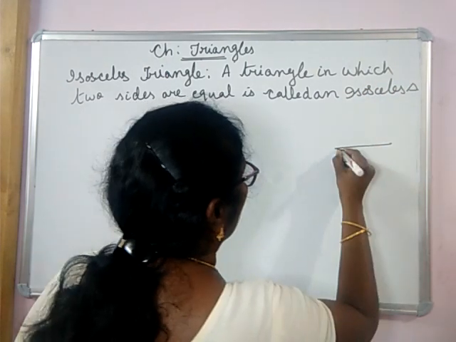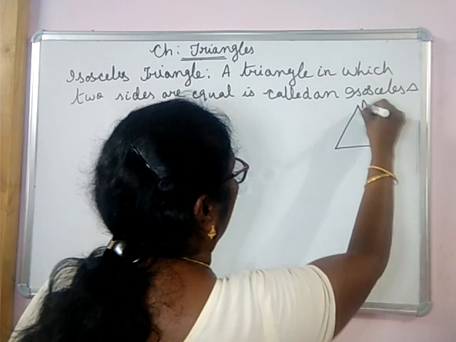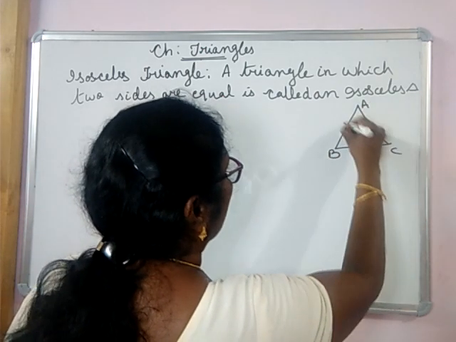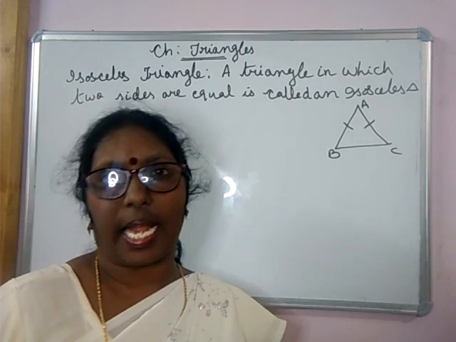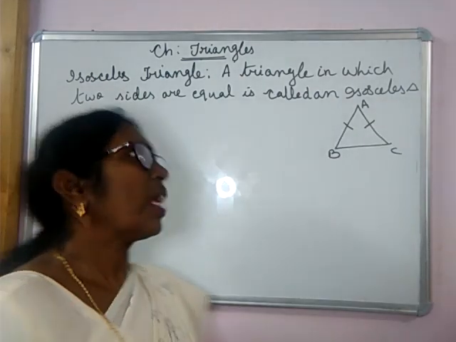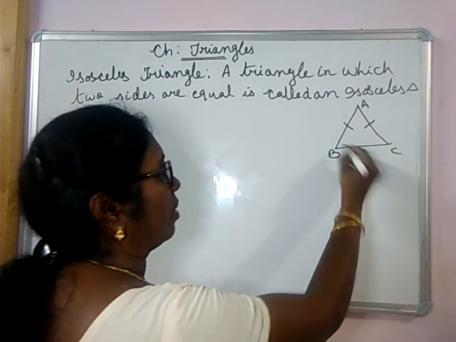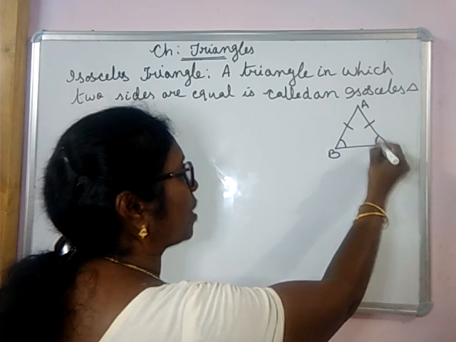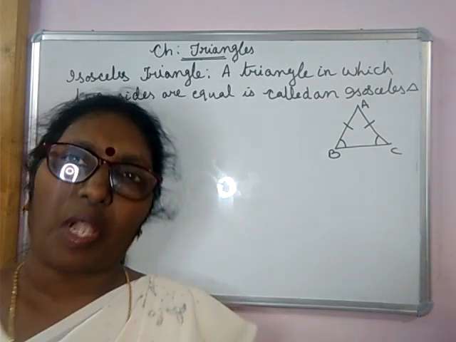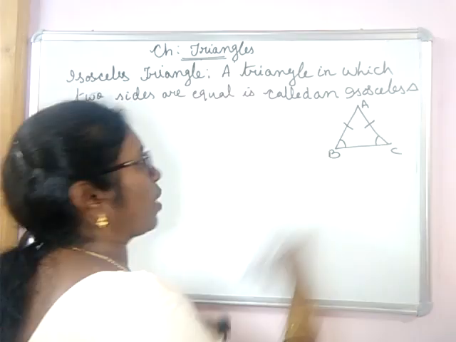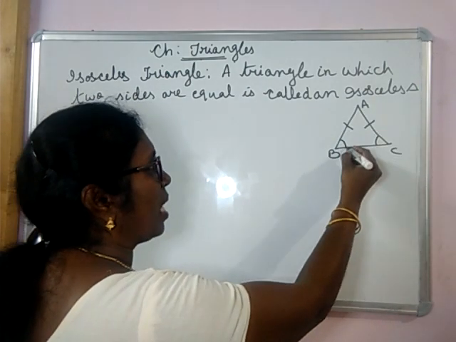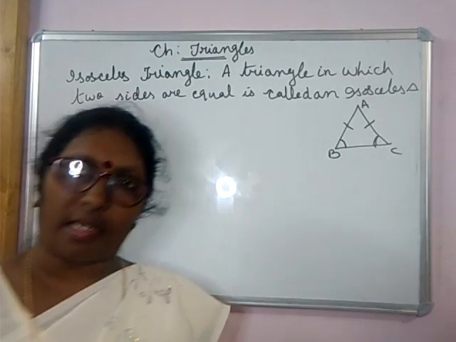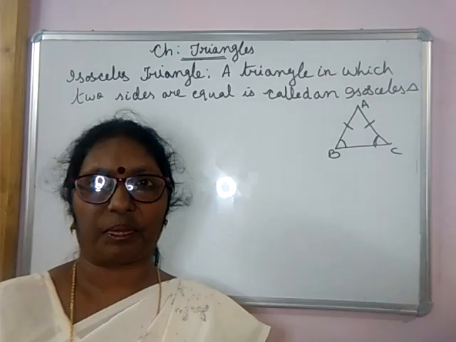Suppose this is triangle ABC. If AB is equal to AC, we say it is an isosceles triangle. And in an isosceles triangle, the angles opposite to equal sides are also equal. So in triangle ABC, if AB is equal to AC, angle B is equal to angle C, we know.